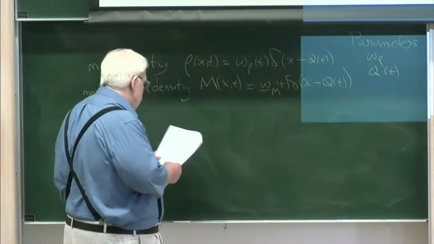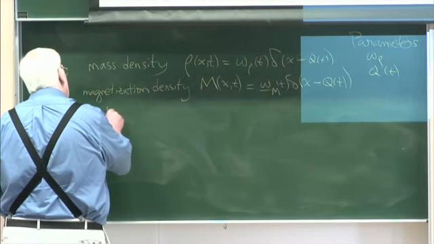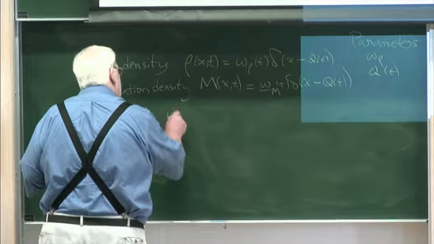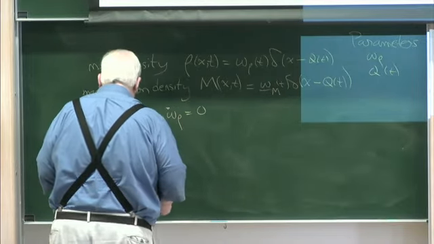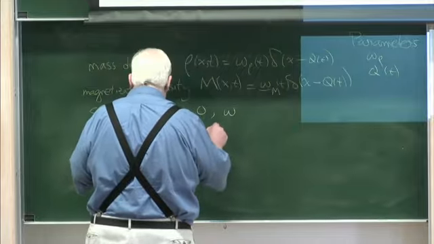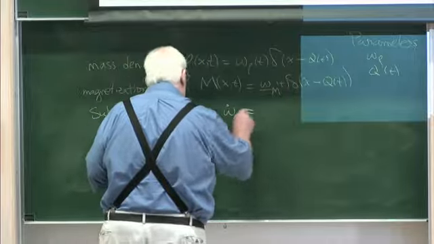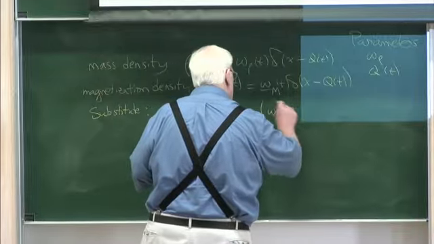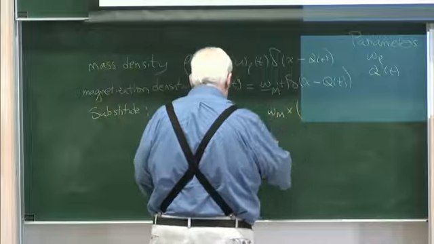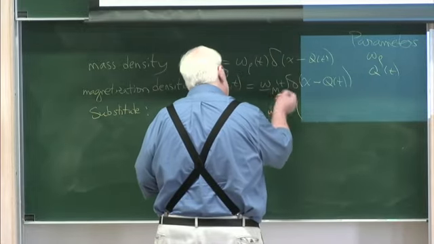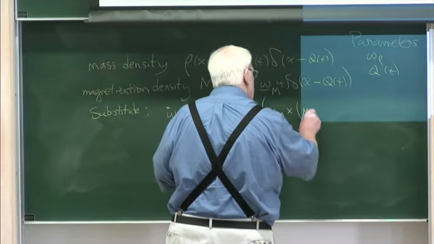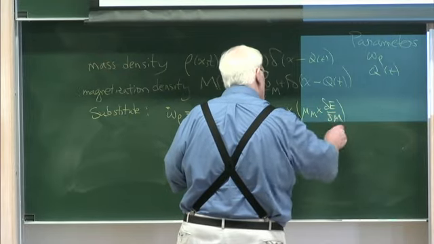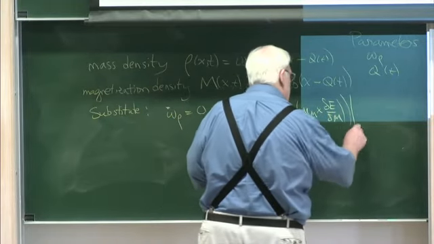If we substitute them into the equations, into the GOP equation, we get w rho dot is 0, w m dot is w m crossed with mu m crossed with the dE/dm, all evaluated at x equals q.